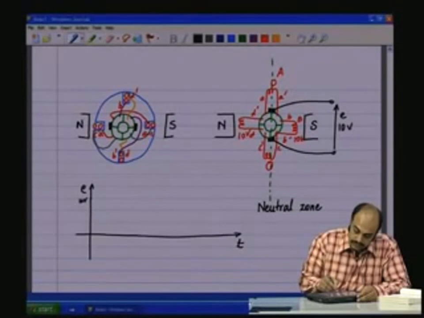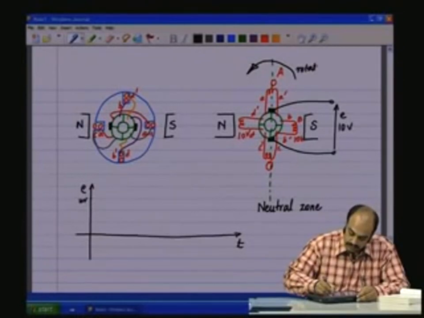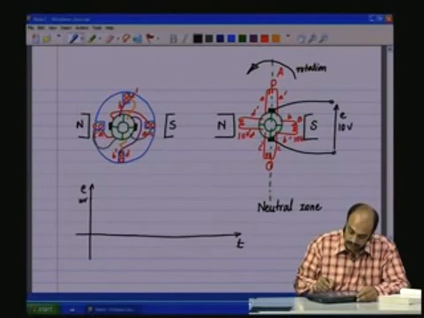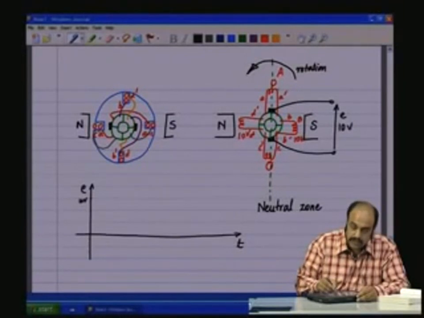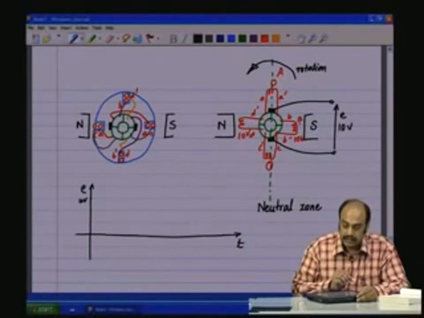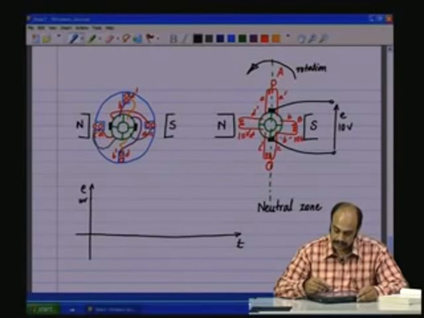Now let the motor rotate anti-clockwise, the positive direction of rotation. As the shaft is rotated, coil B comes to the top position, and coil C would come to the position where the south pole is. Which means coil C will now get 10 volts maximum.